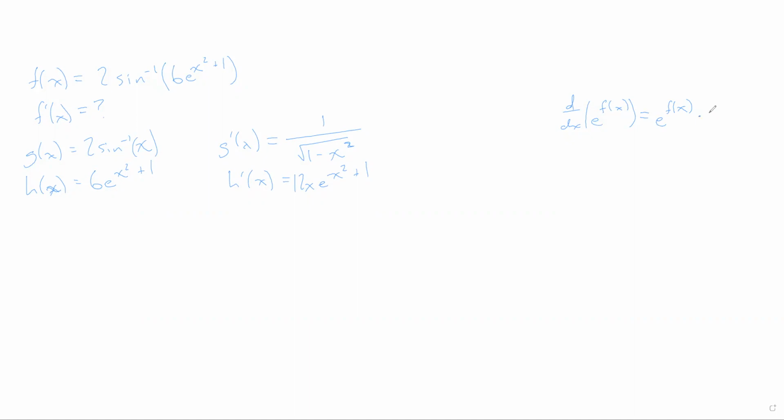But then because of chain rule, what else is this thing going to have on it? Yeah, multiply by the derivative of the inside function, which is what we did over here. So the derivative of 6 e to the x squared plus 1 is, Thomas? Yeah, we do. Thank you.